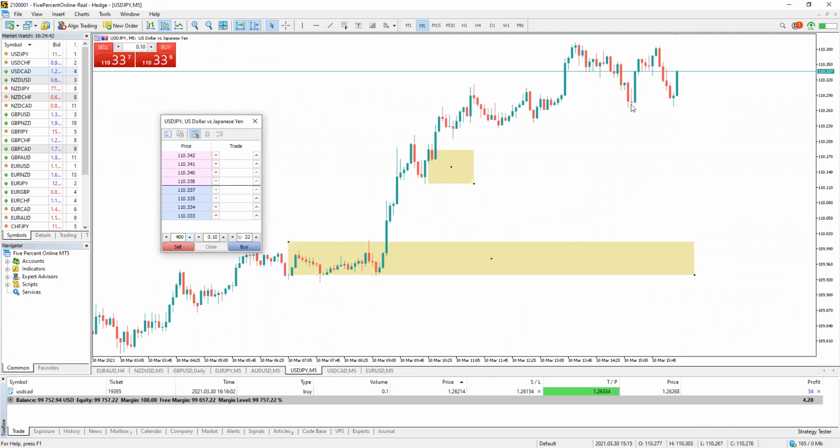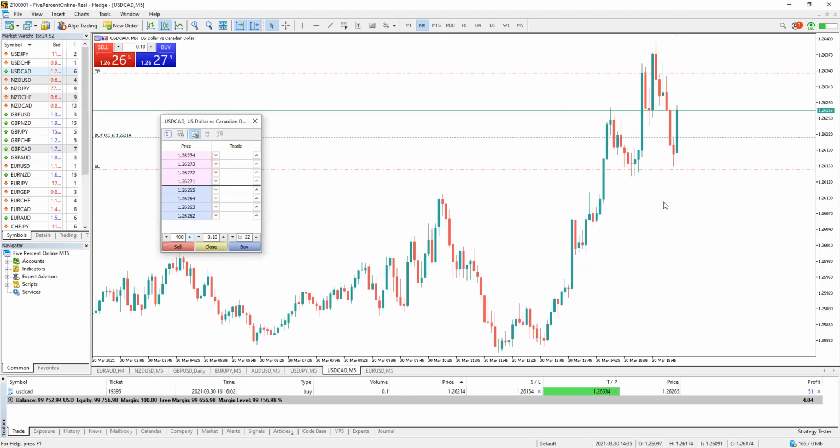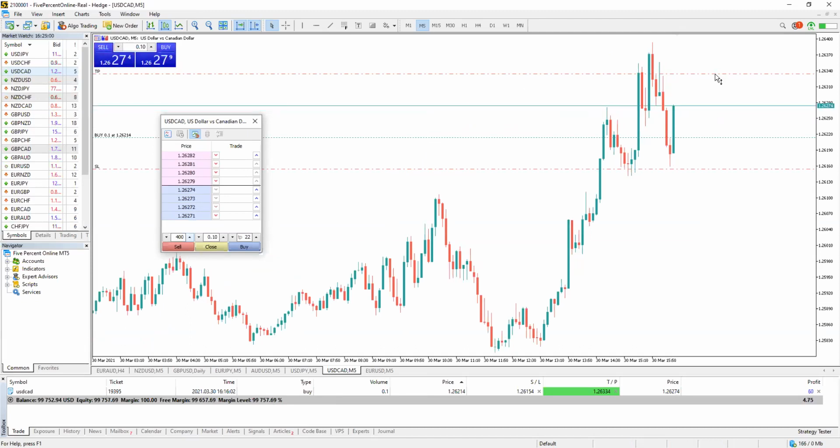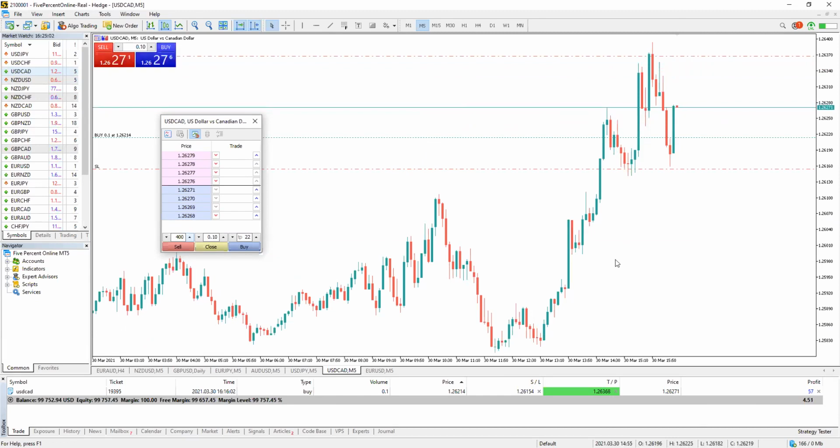And there's the dollar yen doing exactly what we thought it could do, holding the support and pushing higher. I chose the dollar CAD, which I don't know. So let's see how that turns out.